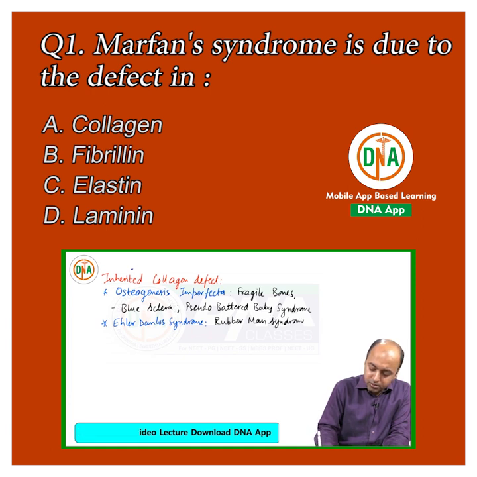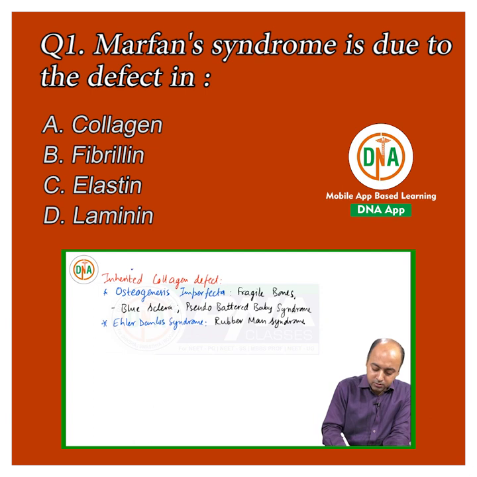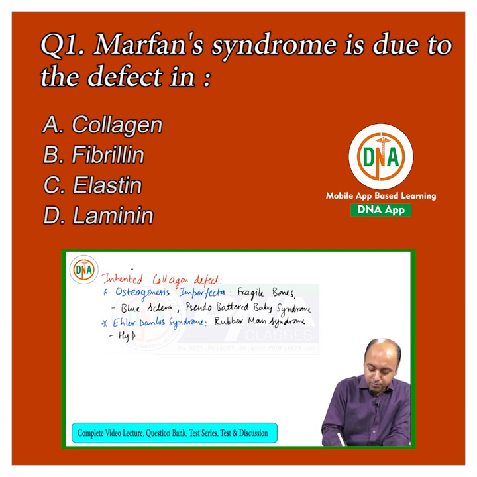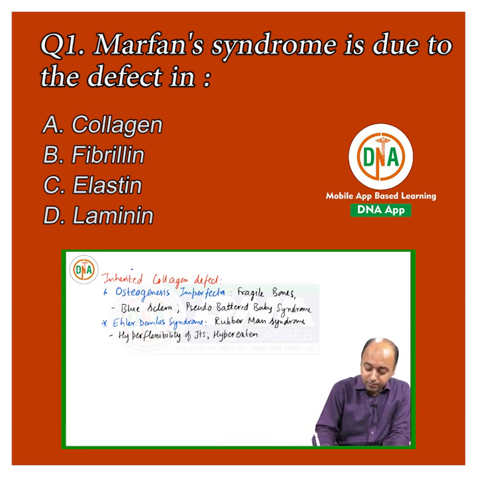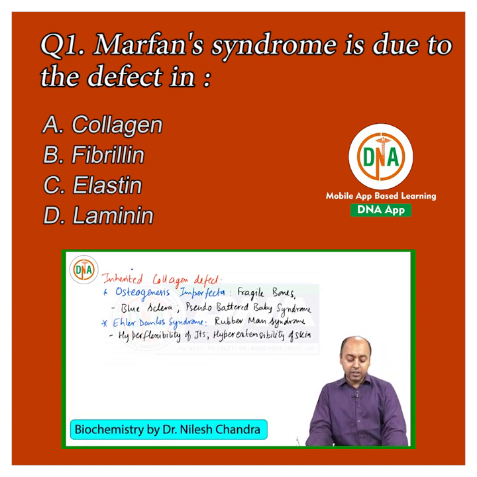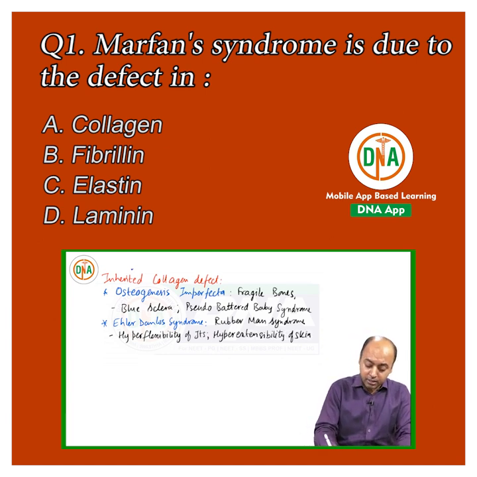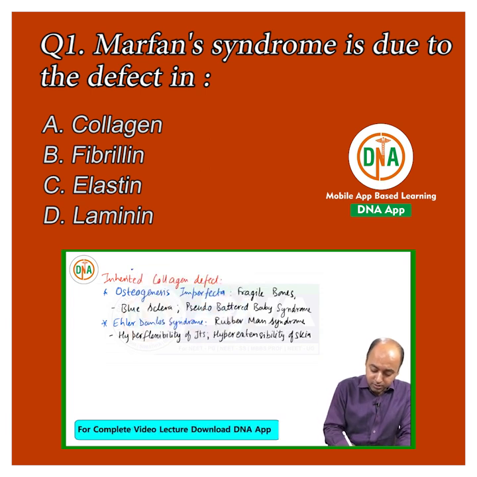Basically what happens here is hyperflexibility of joints and hyperextensibility of skin. These are two characteristic findings in Ehlers-Danlos syndrome: the hyperflexibility of joints and hyperextensibility of the skin.